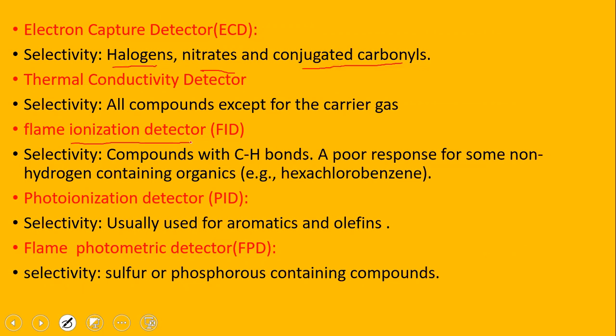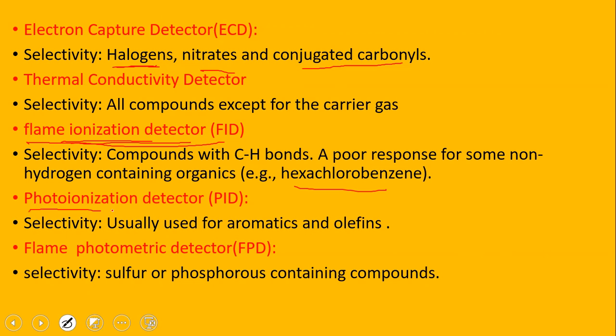Hexachlorobenzene can be identified by electron capture detector because its selectivity is halogens. Compounds like benzene can be identified by flame ionization detector. When benzene's hydrogen is replaced by chlorine, it cannot be detected by flame ionization detector. Hope you clear this.